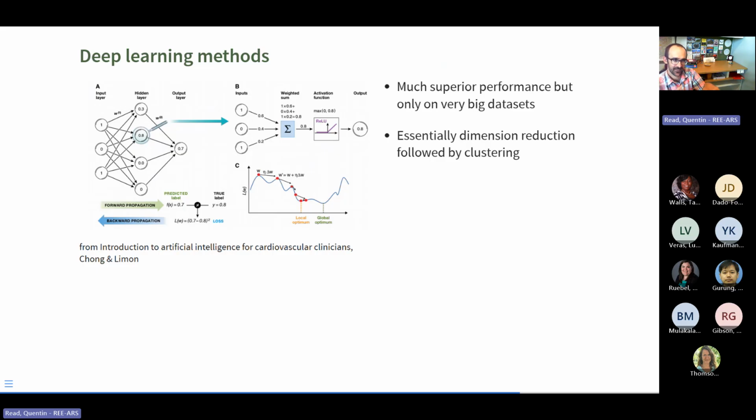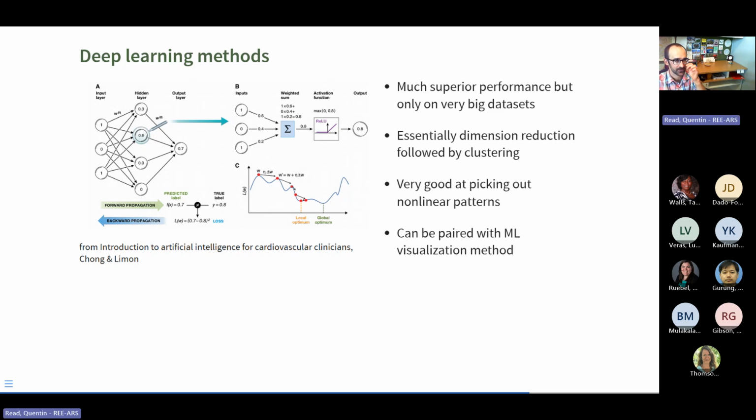But really, they're not that different at their heart from many of these other methods. It's a dimension reduction, right? Taking a complicated n by p data set and reducing it, explaining as much variation as possible with fewer variables, and then doing a clustering. The algorithms are more complicated, but the basic idea of what it's doing is similar to all the other methods. Another good thing about these deep learning methods is that they're very good at picking out nonlinear patterns as well, such as different thresholds or funny-shaped relationships between variables.